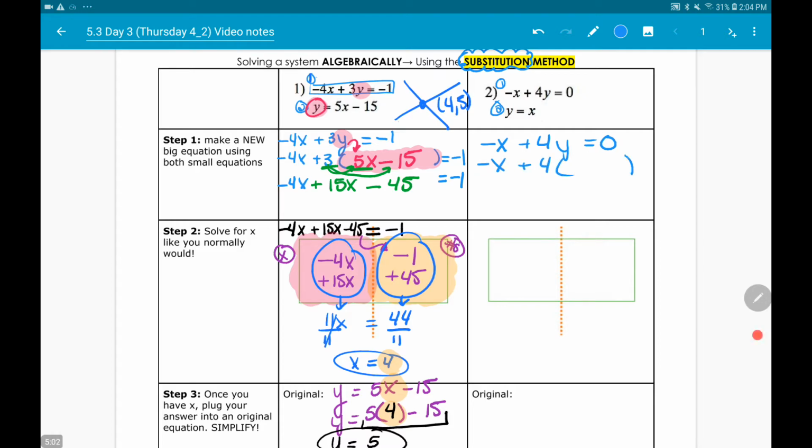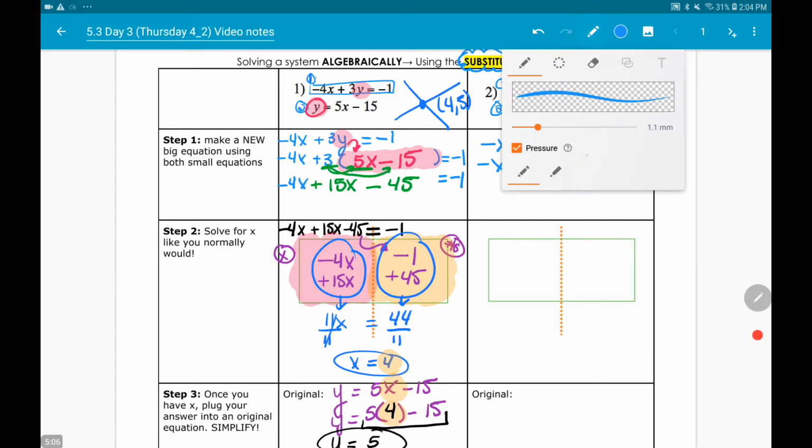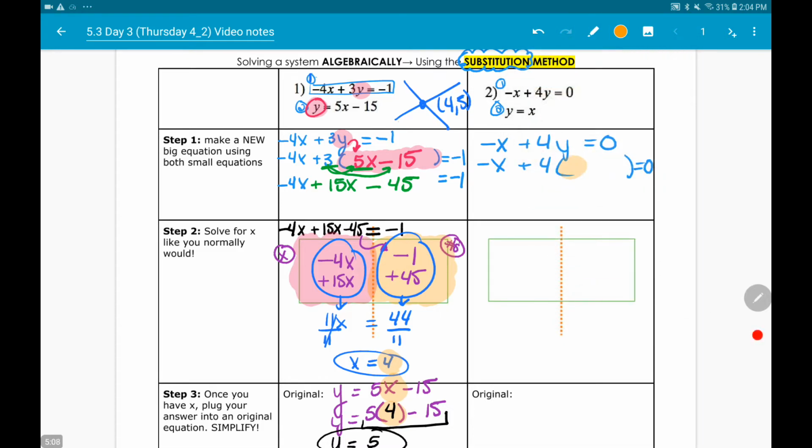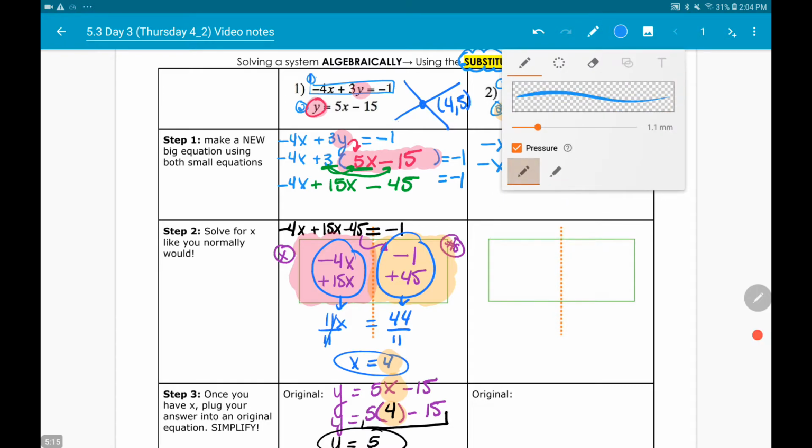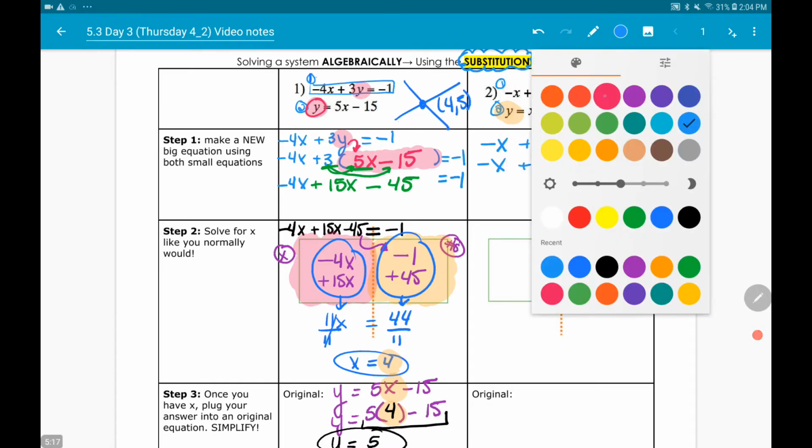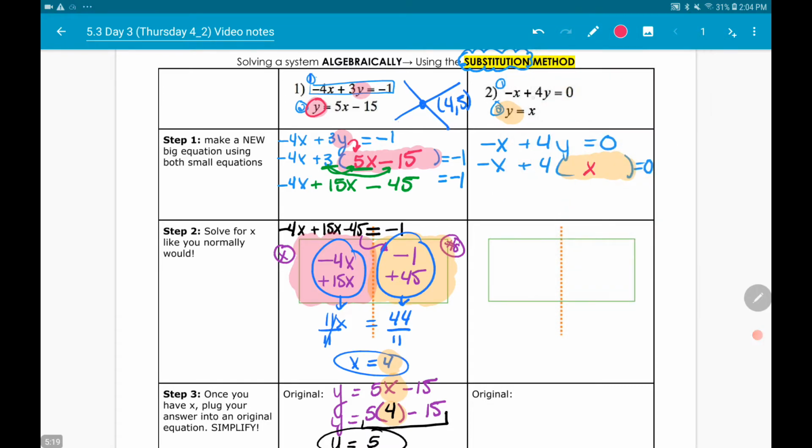I put my parentheses where the y is. And what's going to go in my parentheses? In this case, I'm going to put x because y is equal to x. So that's what's getting substituted for my y.